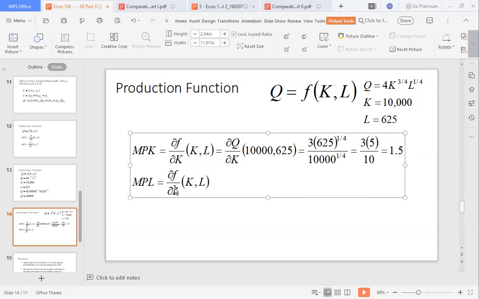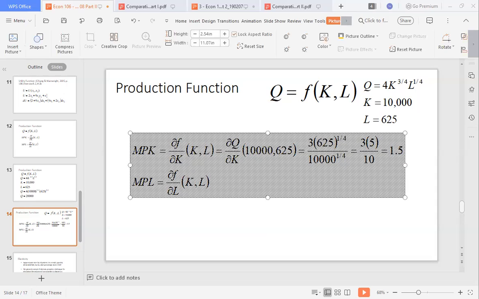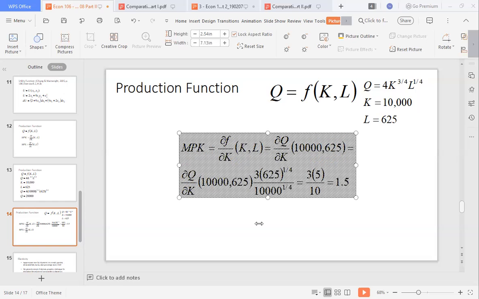Okay, I'll delete this one and I'll give you a complete picture. Let me complete the picture first, because I went straight to the end of getting the answer.